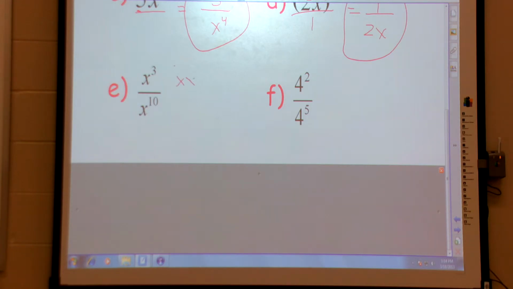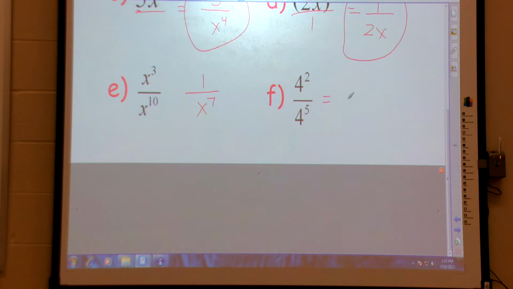This is really x, x, x, 1, 2, 3, 10 of those, right? When I cancel, there's going to be none left up top. There's going to be a whole lot on the bottom. And how many are going to be on the bottom? 7. So I can go ahead and put the 7 on the bottom. Positive 7, I can just kind of subtract, and if it's positive, put it up top. If it's negative, I can go ahead and put it on the bottom. It just tells me where the leftovers are.